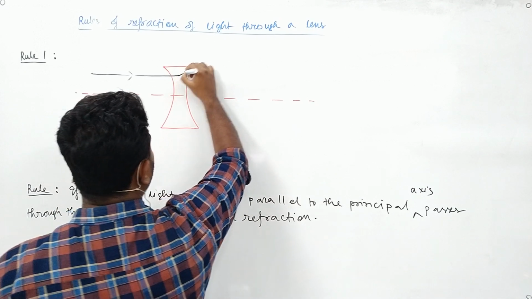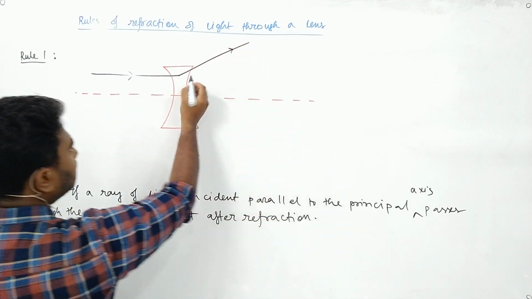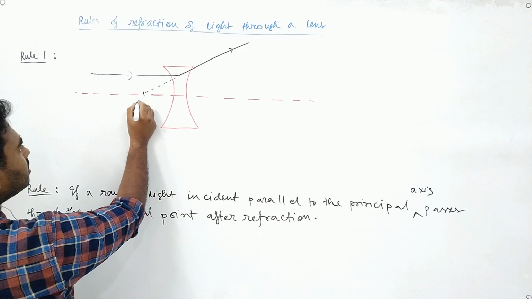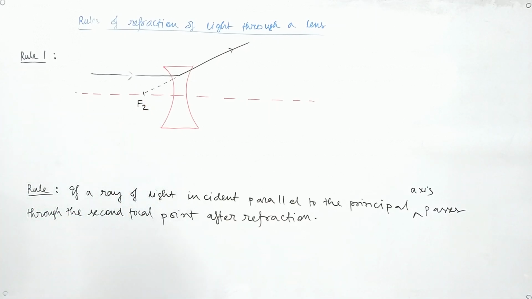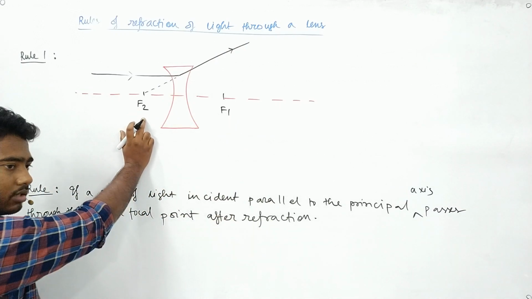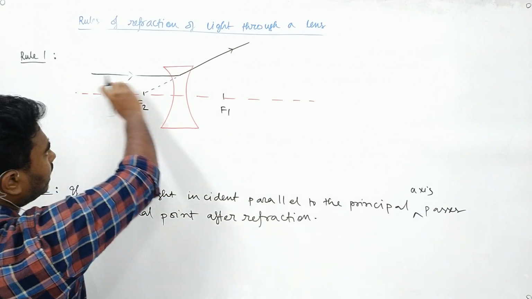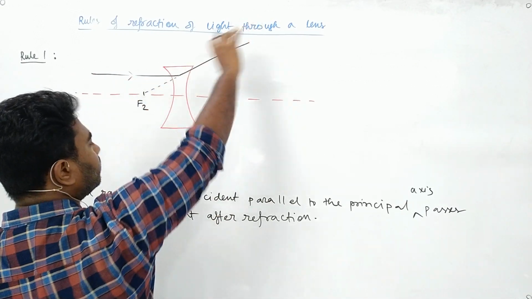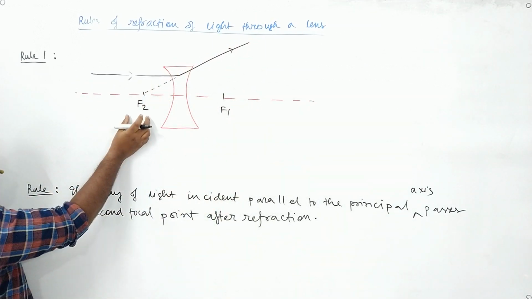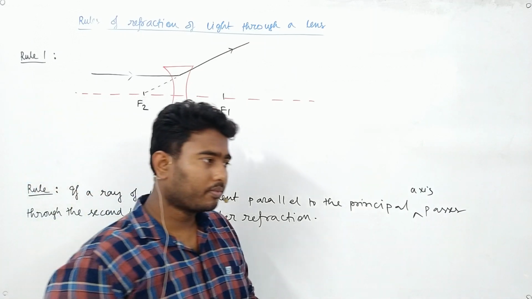Then also it will refract in such a direction that after extending it backwards it will pass through the second focal point. So we know we have two focal points, the first focal point and the second focal point. In case of a concave lens, after refraction it will go in such a direction that if we extend it, it will pass through the second focal point.